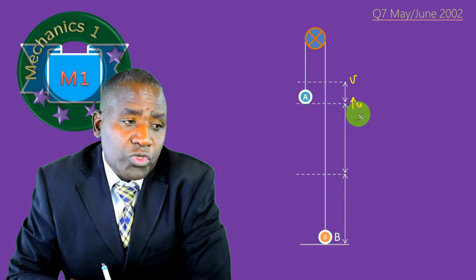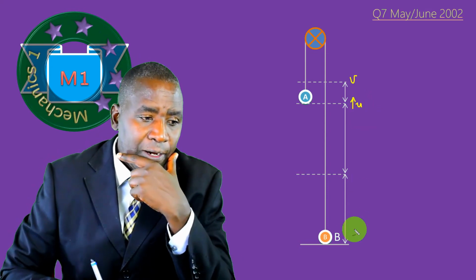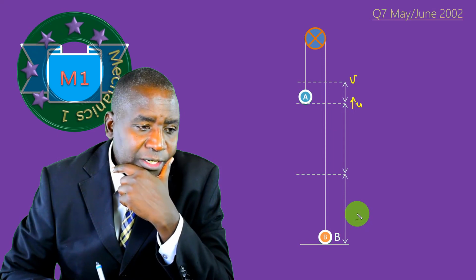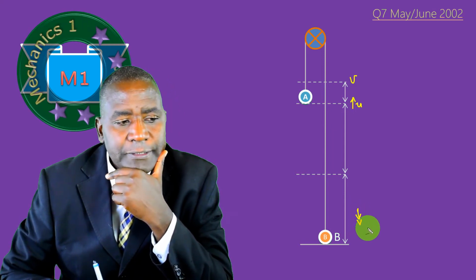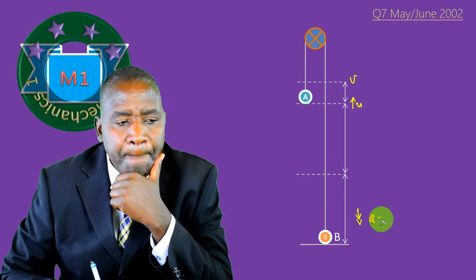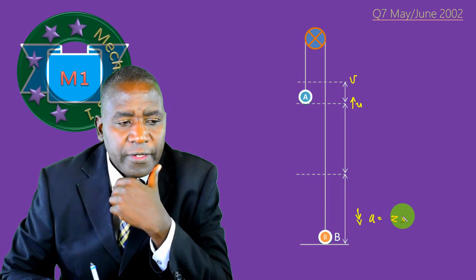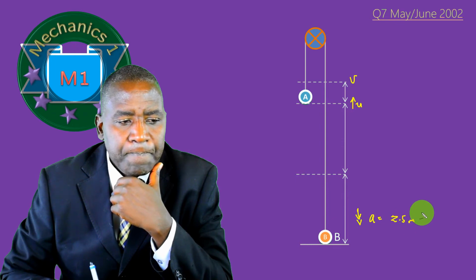And perhaps that is what I'm going to use now. I know that the acceleration of B downwards is 2.5. I just worked this out.